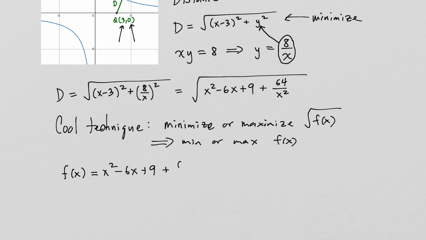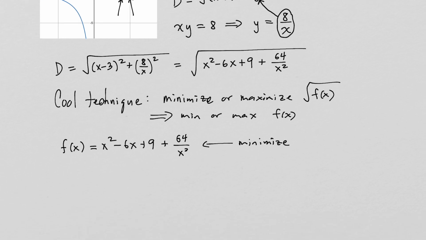So here is that function. We want to minimize this. So to minimize it, we will take the derivative. So the derivative of x squared is 2x, minus the derivative of 6x is 6. Of course, the derivative of 9 is 0. And then what is the derivative of 64 over x squared?